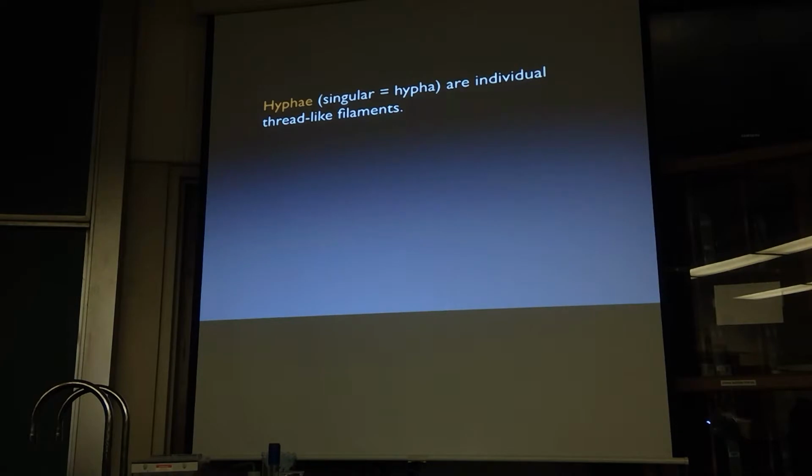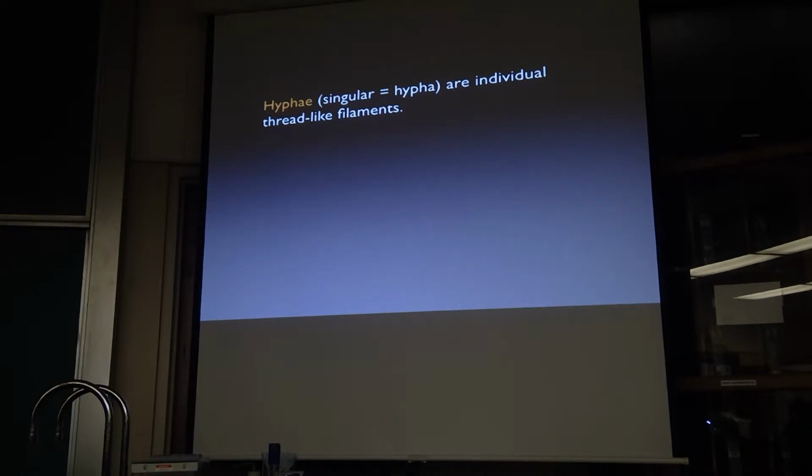So hyphae, what are these things like? Again, these are thread-like filaments. They're typically microscopic. Sometimes they're big enough to be clearly visible to the naked eye. And last semester, a student brought in a fungus where the hyphae themselves, I hate to estimate how big they were. It's like, well, probably at least 1 millimeter in diameter, which is 1,000 microns.